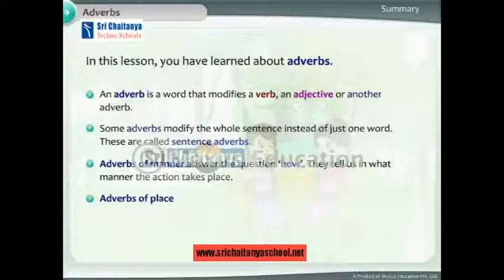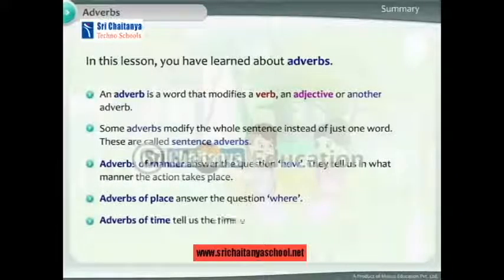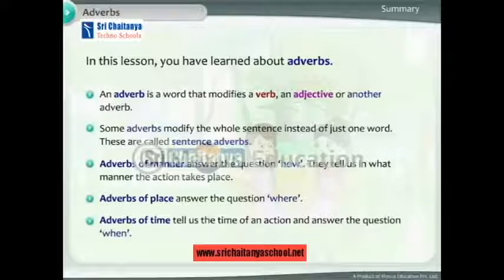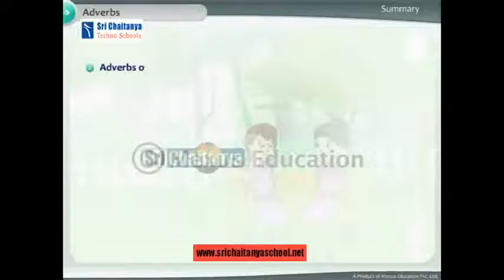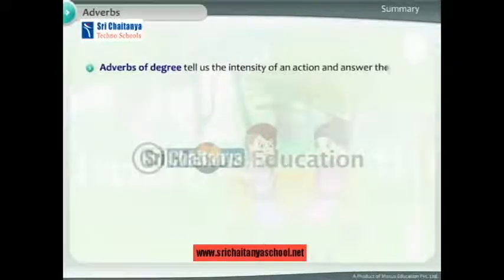Adverbs of place answer the question where. Adverbs of time tell us the time of an action and answer the question when. Adverbs of degree tell us the intensity of an action and answer the question how much.